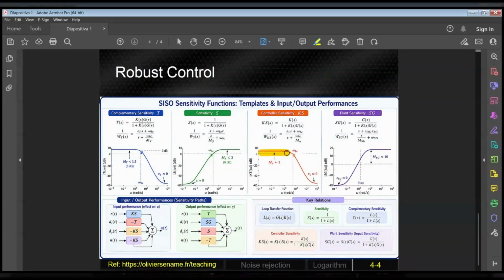However, we also don't want KS to become excessively large. Why? Because the control signal is sent directly to the actuator, and every actuator has physical limitations. For example, imagine a car whose maximum speed is 200 km per hour.